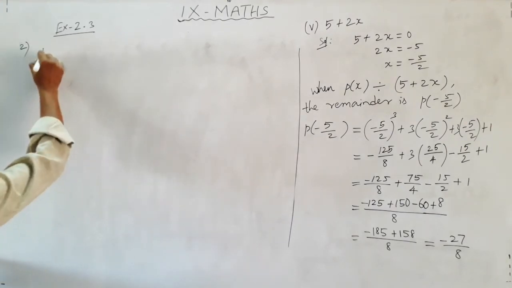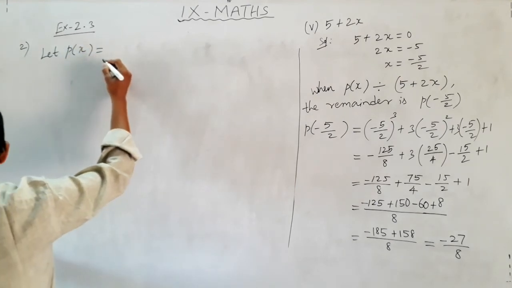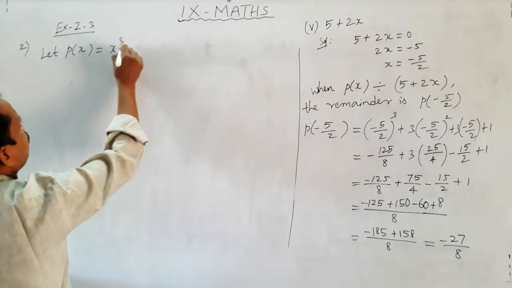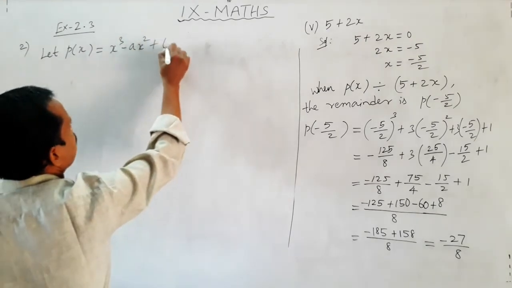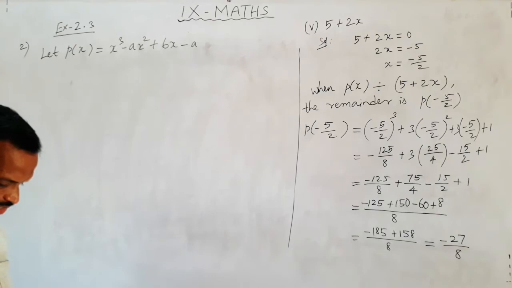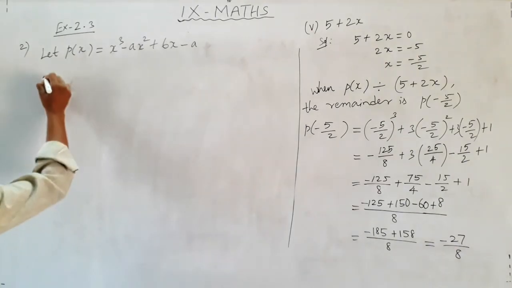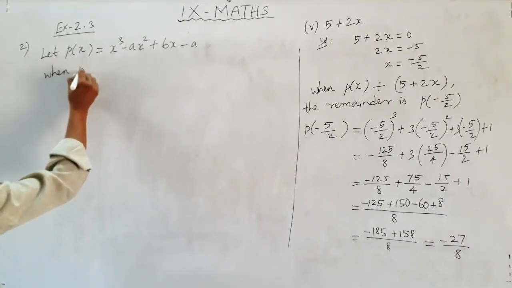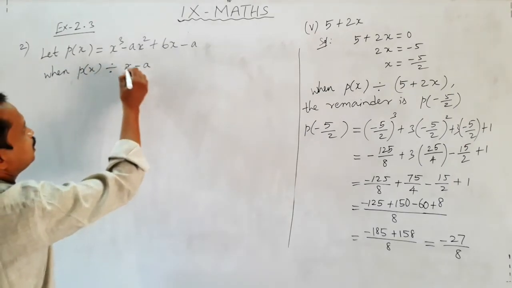So you have to take, let p of x is equal to x cube minus ax square plus 6x minus a. So this is the polynomial given there, and I am considering the given polynomial as p of x. So find the remainder when p of x is divided by x minus a.